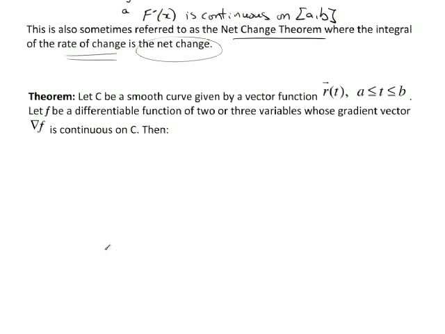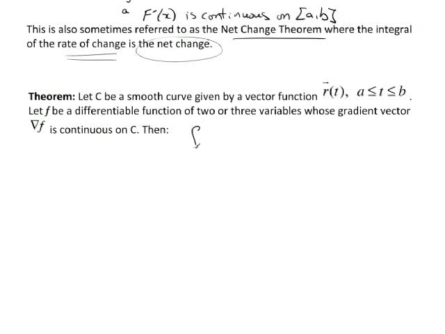So, theorem: let C be a smooth curve given by the vector function r of t, where t goes from a to b, and let f be a differentiable function of 2 or 3 variables whose gradient vector del f is continuous on C. So the gradient is continuous over this smooth curve.